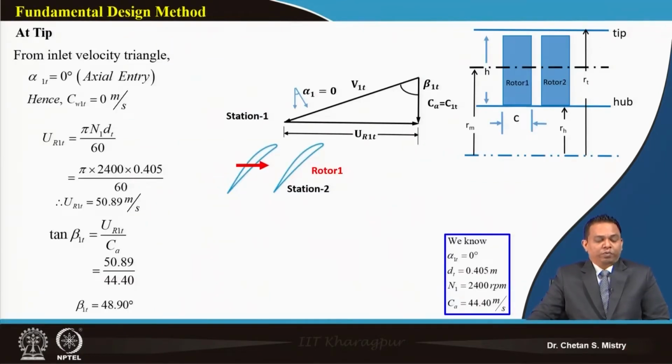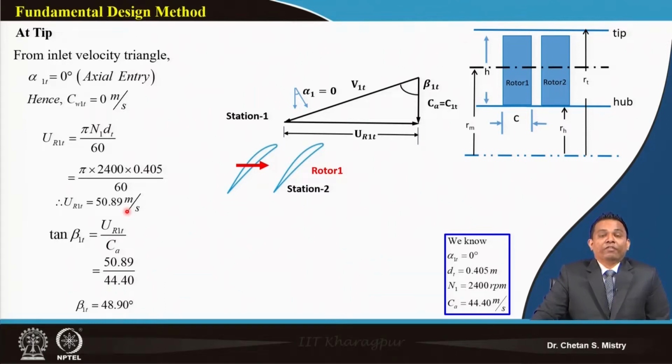So this is our condition. We have an axial entry, and that's the reason my alpha 1 at the tip is 0. My CW1 at the tip will also be 0. Our peripheral speed, based on my tip diameter, is coming 50.89 meter per second.